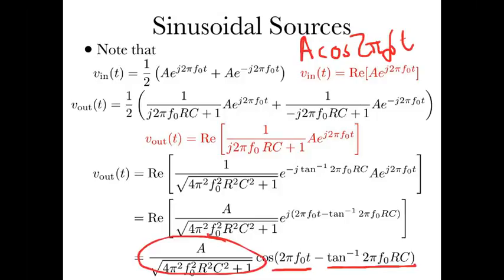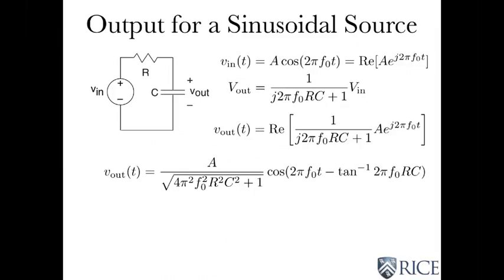Very nice. And it turns out that result is quite general. So let's review again how we found it. It's so important, I really want to make sure we get this down. So the source was a sinusoid. I thought about it as the real part. I know by converting to impedances that this is the way the amplitude of the output is related to the amplitude of the source. And over here, that is Vn, right?